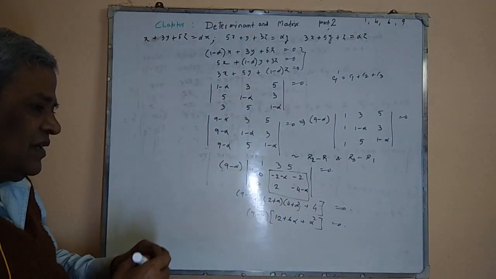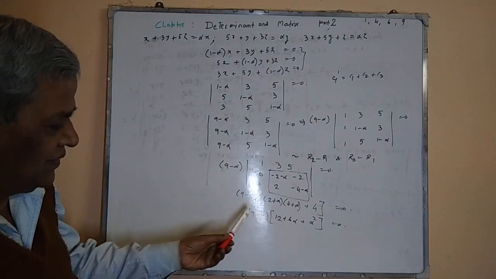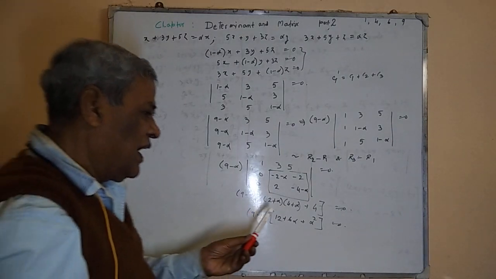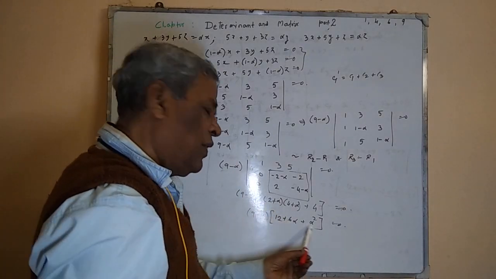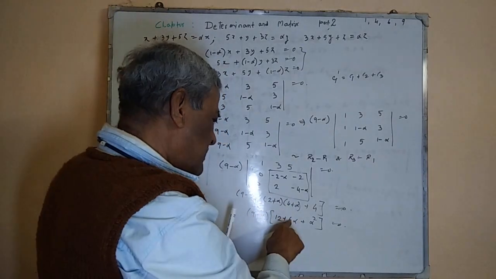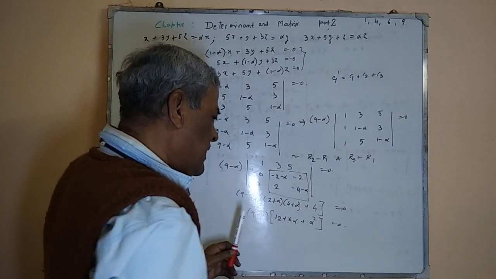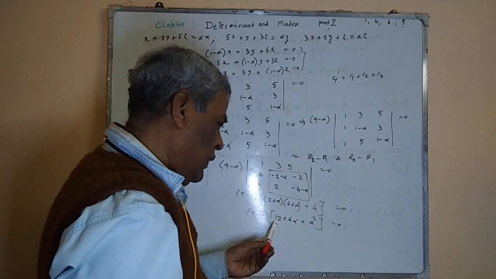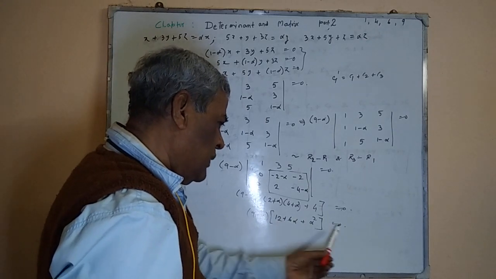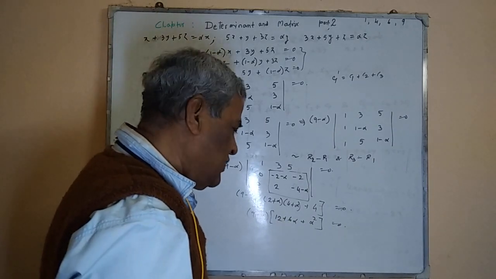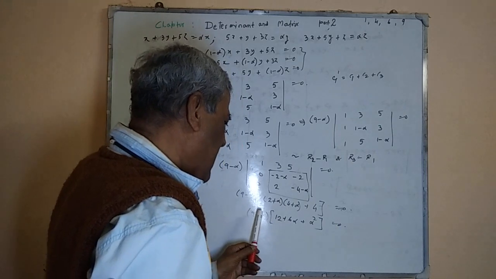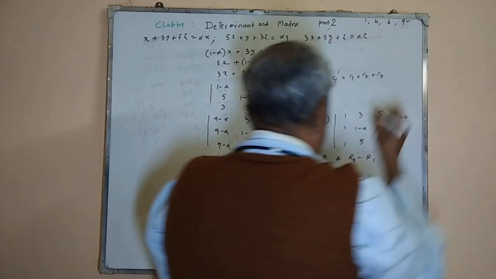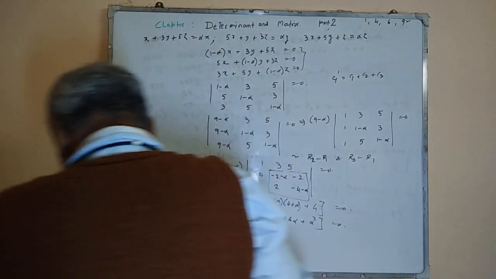So we get three values of alpha. One alpha is clearly 9, and the other two alphas can be obtained from here. But you see, its gradient is negative, so its roots are, this is equal to 0, its roots are imaginary. So the only possible alpha is equal to 9. So the fourth option is correct.